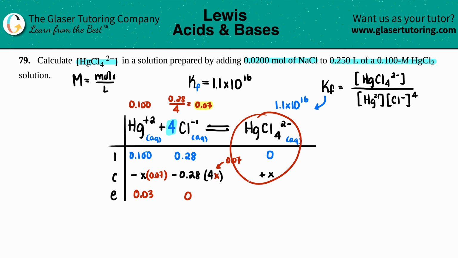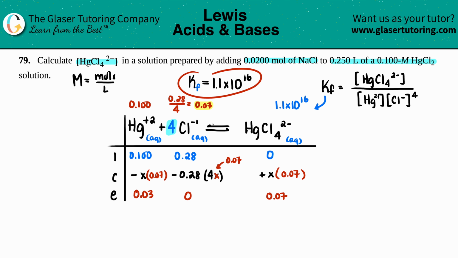And then I come back over here and I have 0 plus x, that's going to be 0.07. I'm adding 0.07. So this is now going to be this. Now, do you see that this is way more now than what you have of your reactants? That's what I mean by you should have more of your product because the Kf is such a larger value.